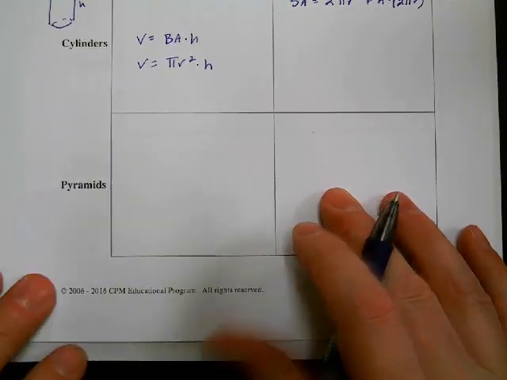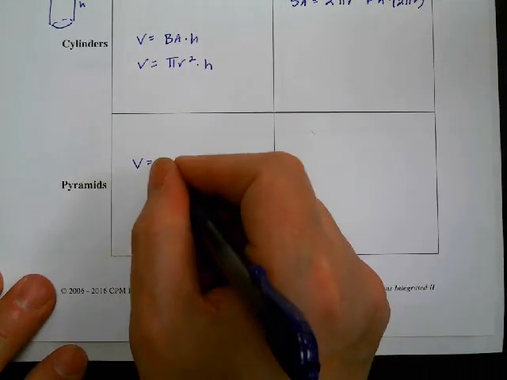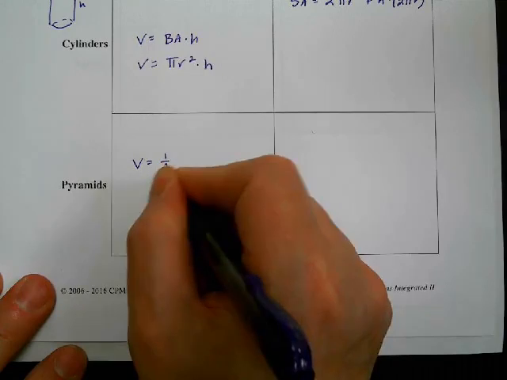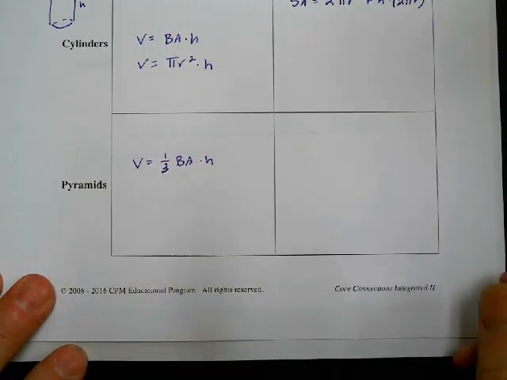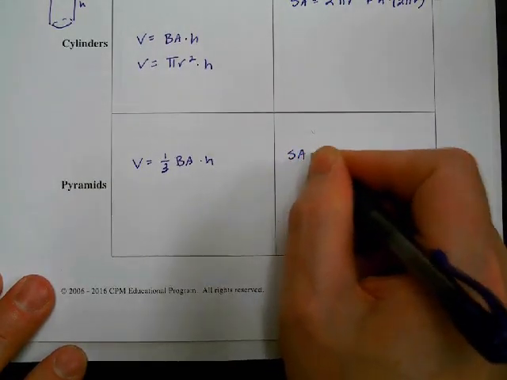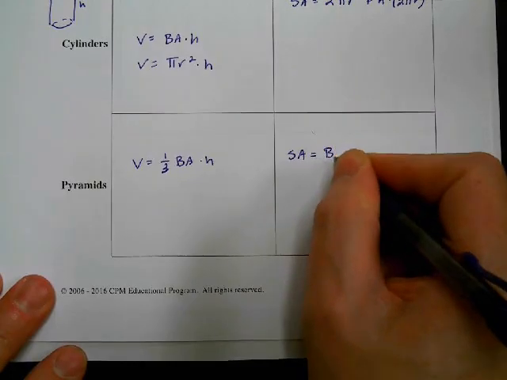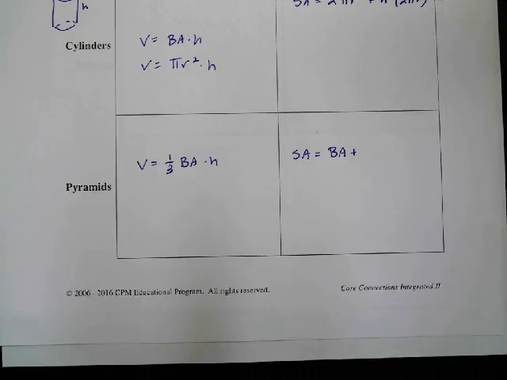And now we've gotten to pyramids. The volume is 1/3 the base area times the height. And the surface area is the base area on the bottom and then plus all those lateral areas.